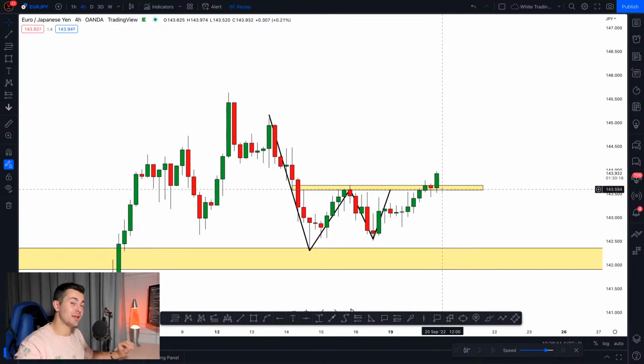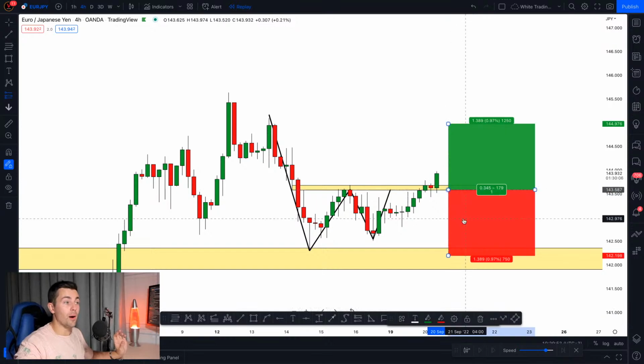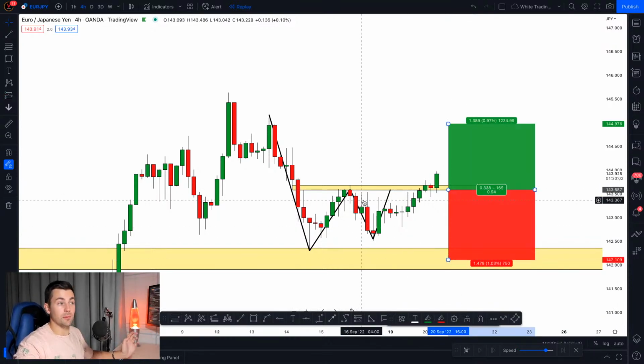Only when the candle closes above is the breakout confirmed, and only then do we set our buy limit order on a retest of the broken neckline. Only then we set our stop loss below the lows of the pattern.